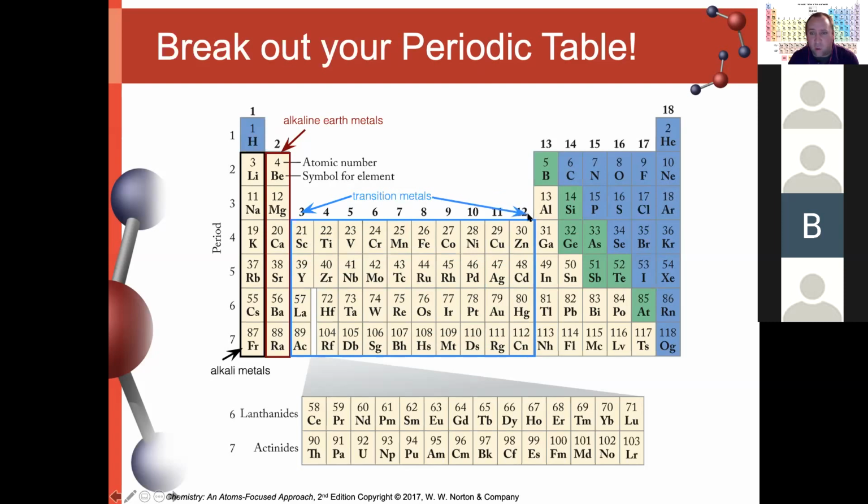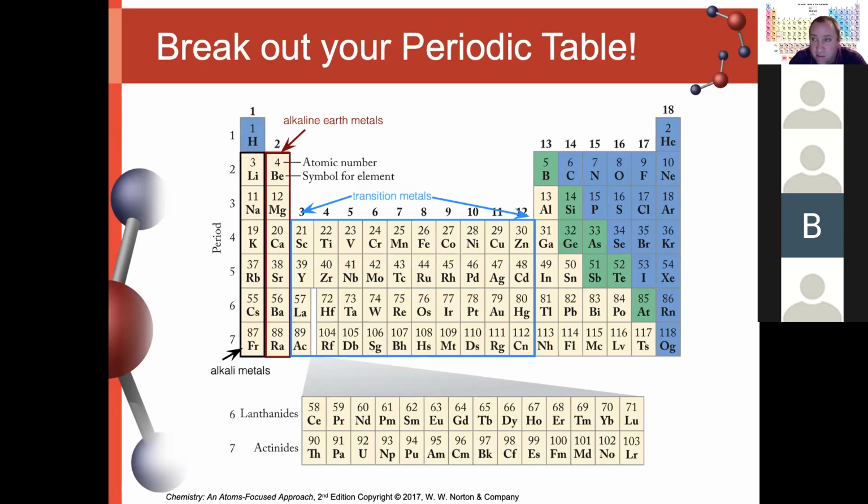Some of these are quite reactive. Some of these are lesser in their reactivity. Overall, they are far less reactive than the alkali or the alkaline earth metals. And the other thing that we should notice about them is that they have some coloration to them. These are metals that have the possibility of not being silver. And when they dissolve in water, can make some really colorful solutions.